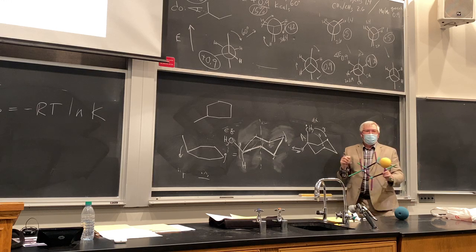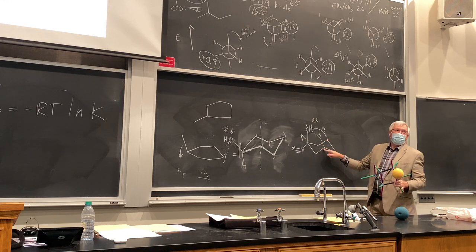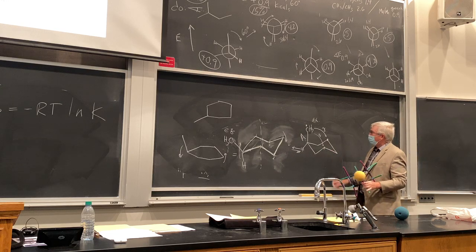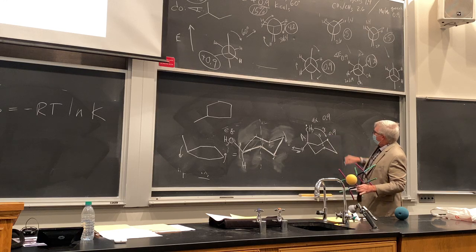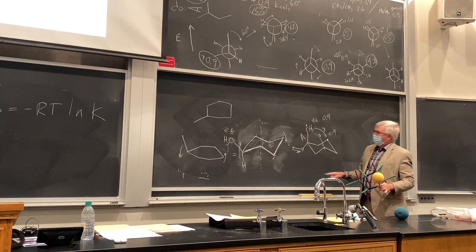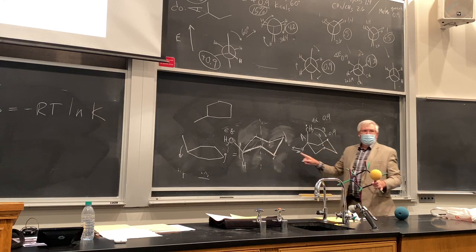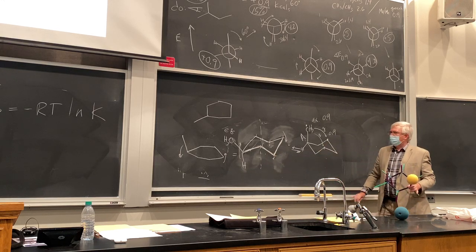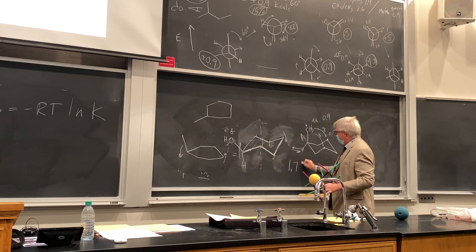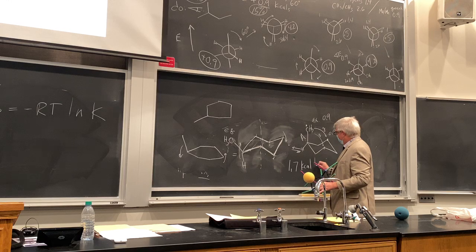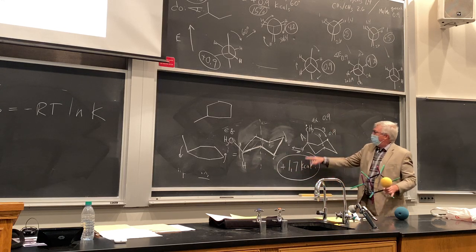But if it's axial, it's going to be closer to these two carbons right here. How much is that worth? 0.9, right? And 0.9. So what about the energy difference between equatorial methylcyclohexane versus axial methylcyclohexane? Well, the measured amount is actually 1.7 kcals, which is an amazing number because it's what?